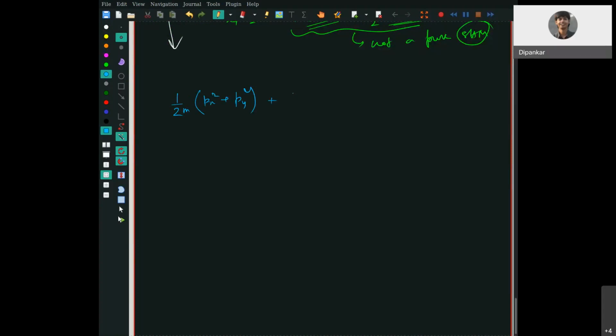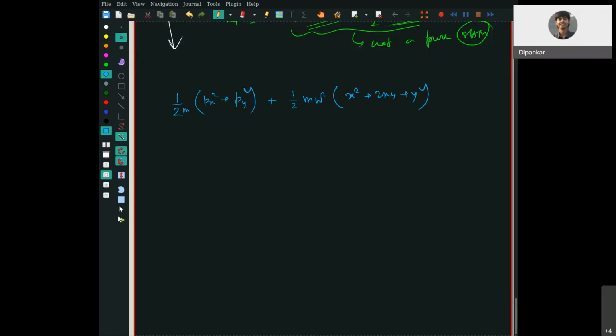I can make things more complicated, but let me start with a simple example. So half m omega square, then (x square plus 2xy plus y square). Okay, and I ask you to find out the energy eigenvalues of this system.